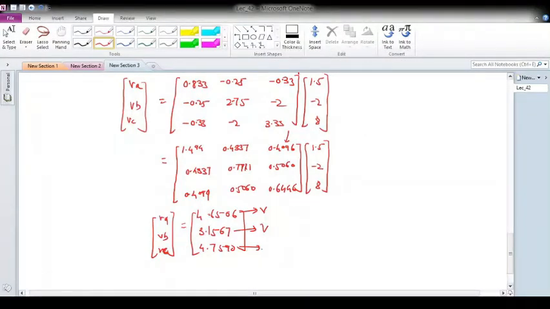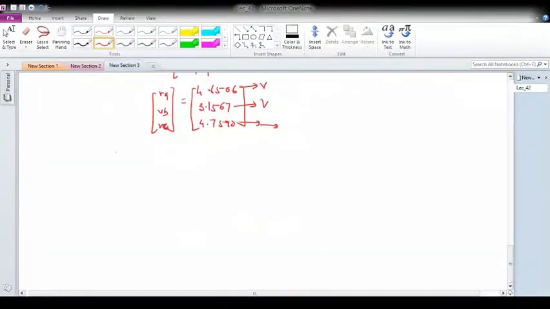Okay, now once you know the node voltages, you can obtain the element voltages using A transpose. Using A transpose, the node voltage vector is equal to the element voltages, and let us write that also. So VE1, VE2, VE3, how many element voltages if you want to calculate? 6.